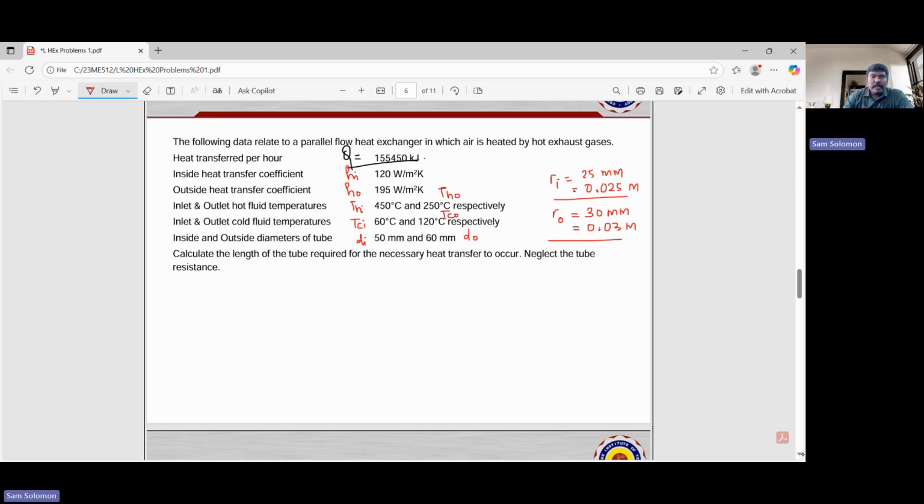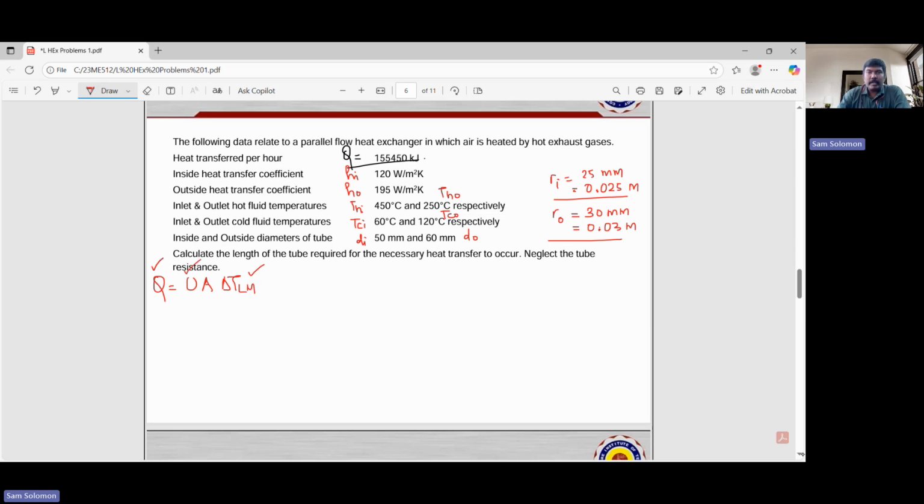The question is to calculate the length of the tube required. So once again, the general expression is Q is equal to UA times delta TLM. All four temperatures are known, so you can calculate delta TLM straight away. U can be found out because Hi is given, Ho is given, and additionally the radii are given.